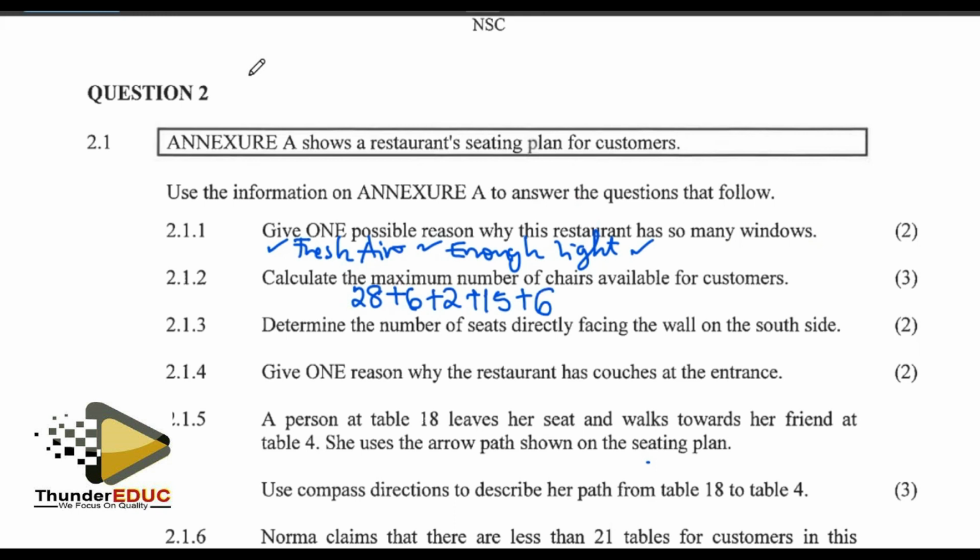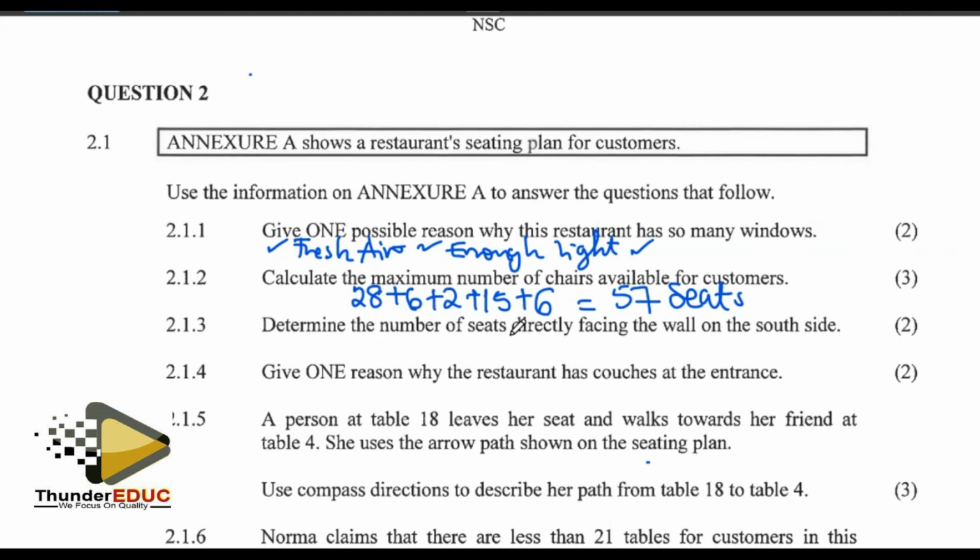Then 36 plus 15 plus 6, you get 57. So we have 57 seats available for customers. 57 chairs, by the way.